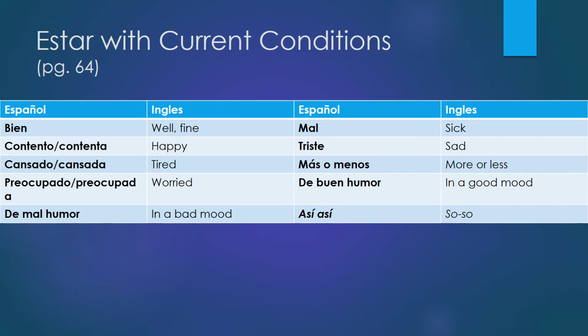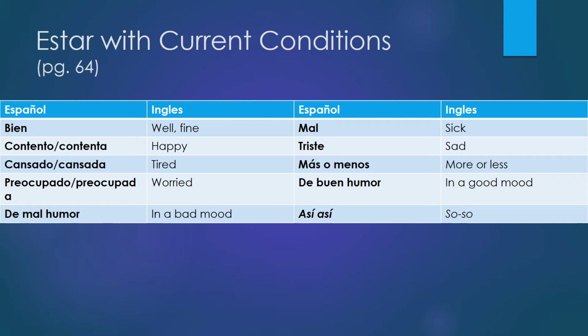Here are some vocab that you might need to talk about current conditions. Bien, contento, contenta, cansado, cansada, preocupado, preocupada, de mal humor, mal, triste, más o menos, de buen humor, así, así. Just a couple notes here.